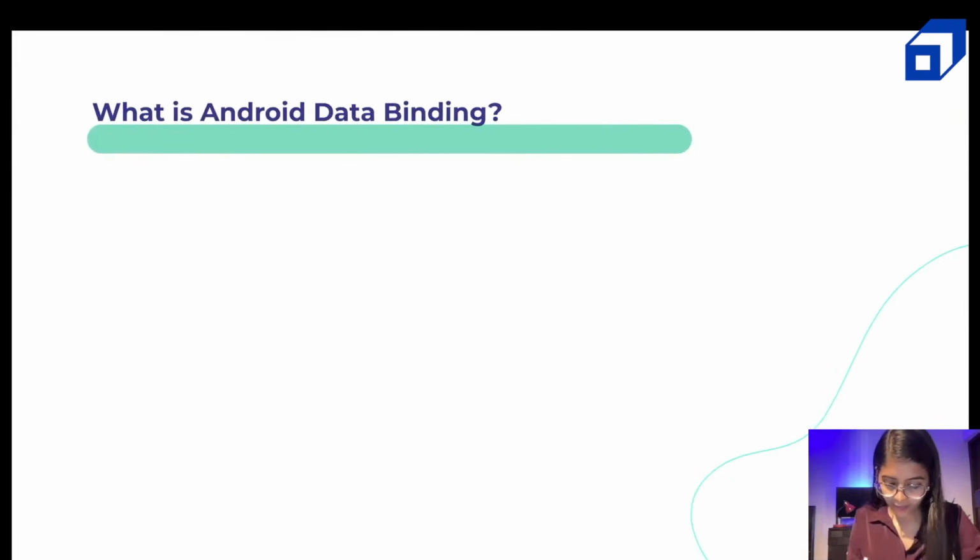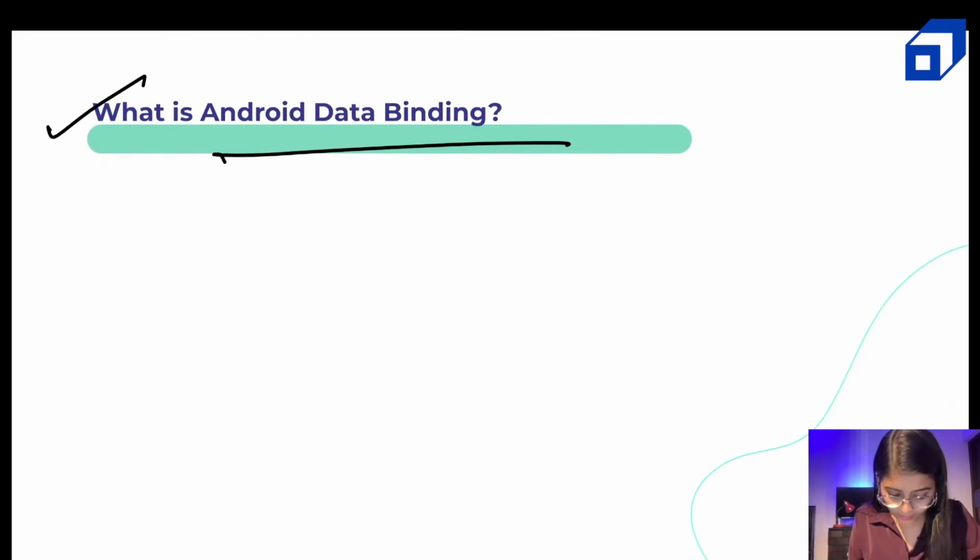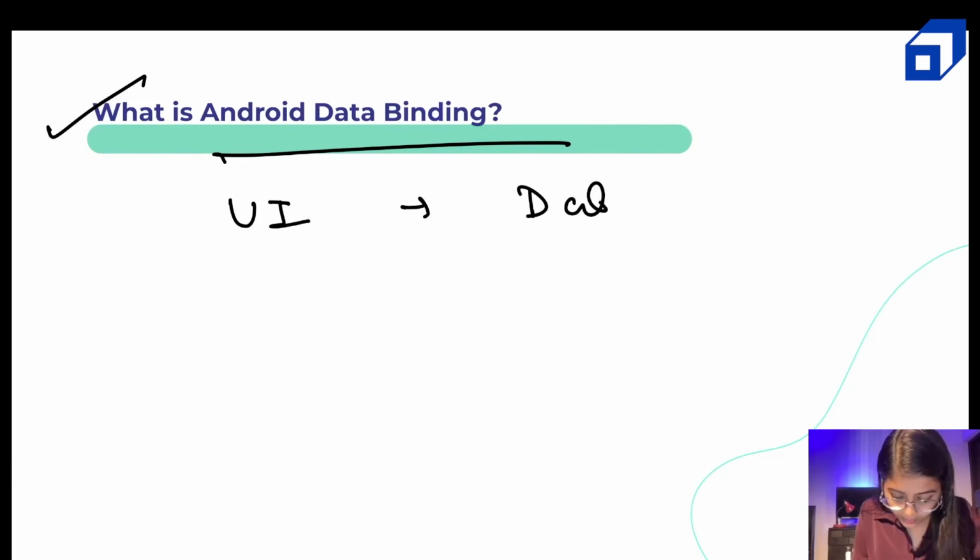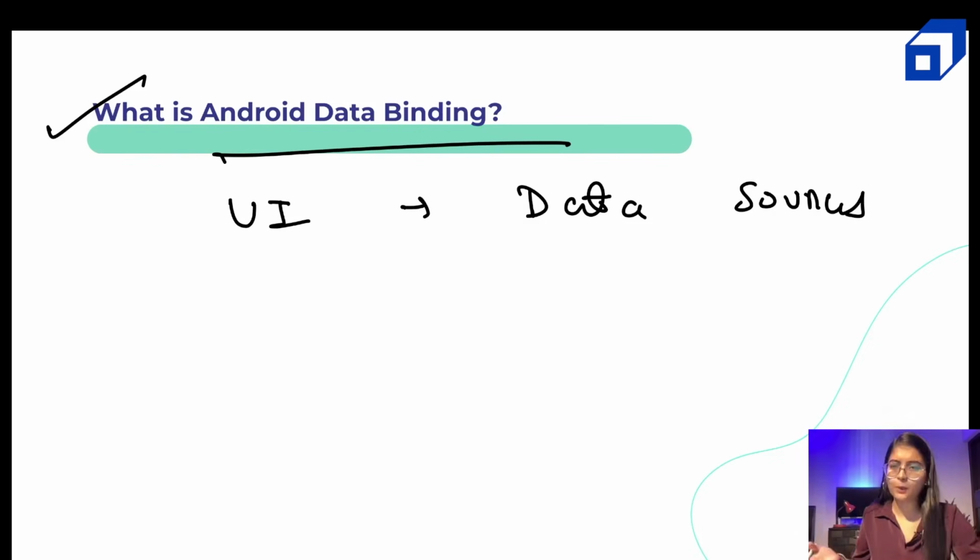Okay, what is Android data binding? It is a support library that allows you to bind UI components in your layouts to data sources in your app using a declarative format rather than programmatically.